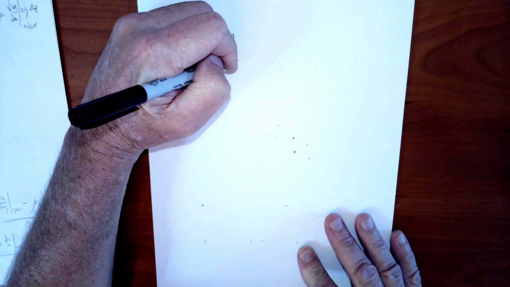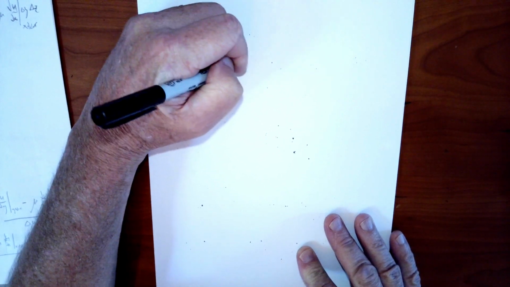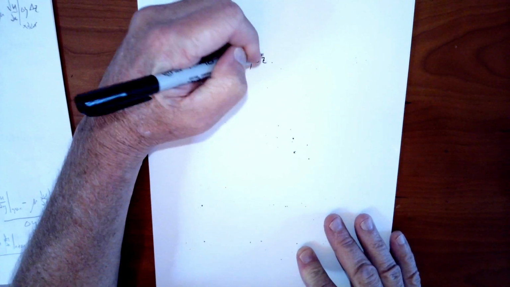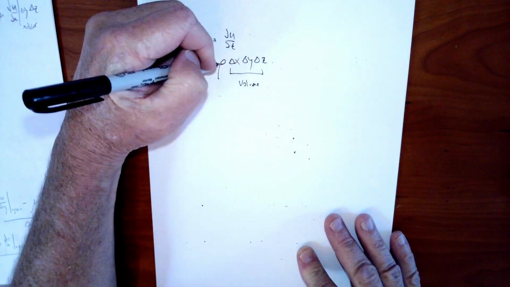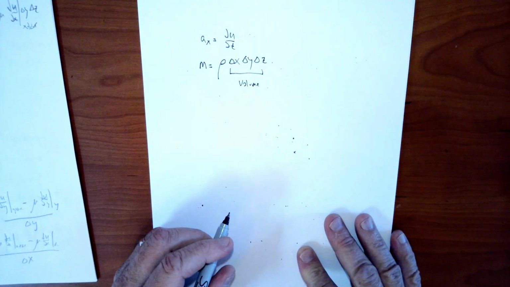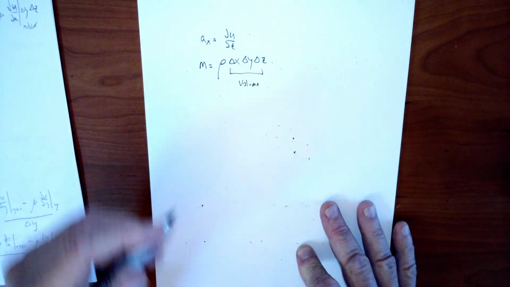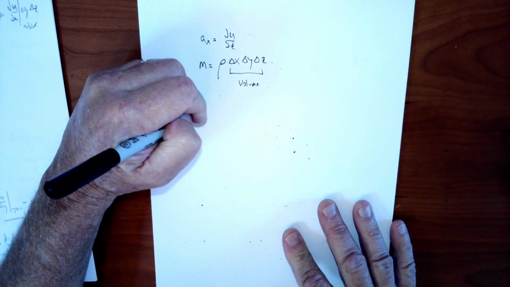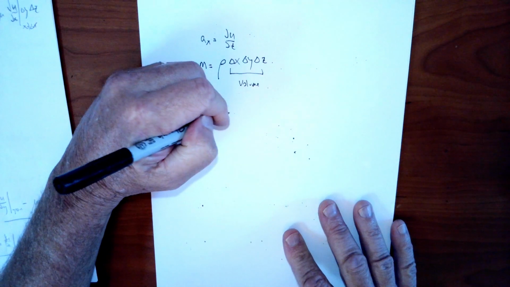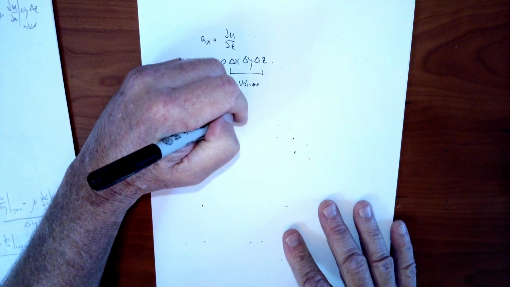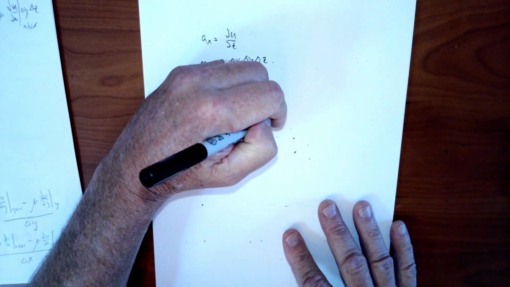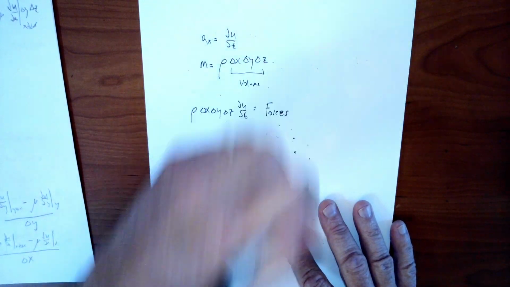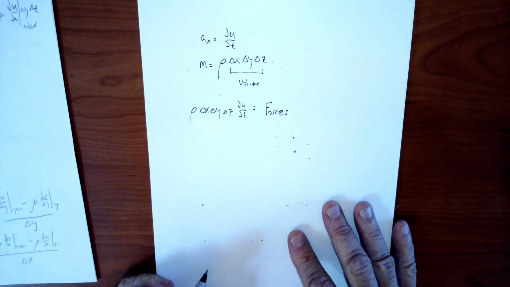So it's rho, delta x, delta y, and delta z, because delta x, delta y, delta z, that's the volume of our little box. So we have volume times density gives us a mass. So we put all that together, and we say rho, delta x, delta y, delta z, times du dt is equal to all of these forces that we just listed in length.